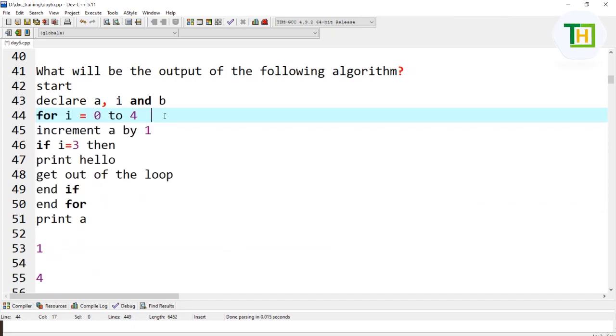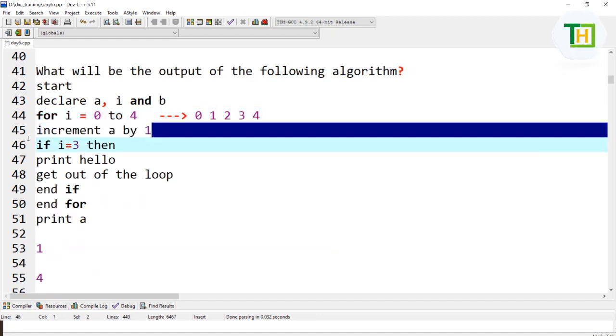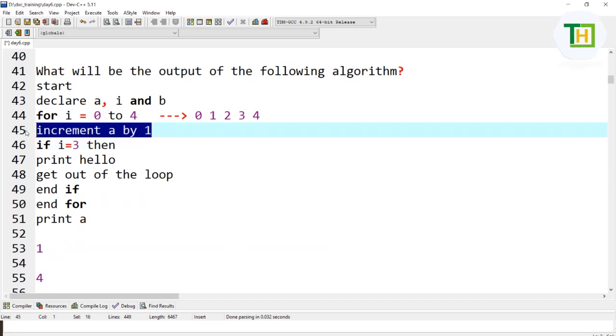That means it is going to be repeated for 0, 1, 2, 3, 4. And A is incremented by 1 here. Initially we have to think that A is equal to 0 and it is incremented by 1, for example.